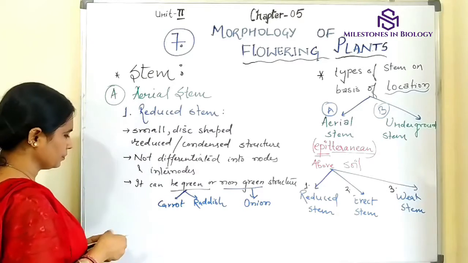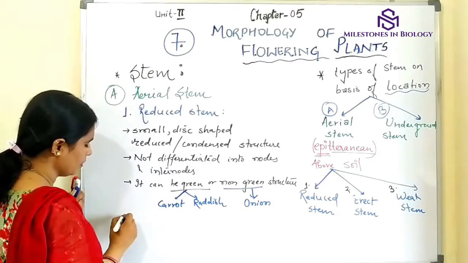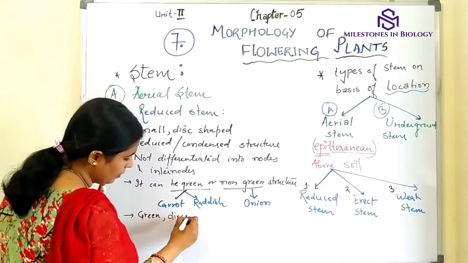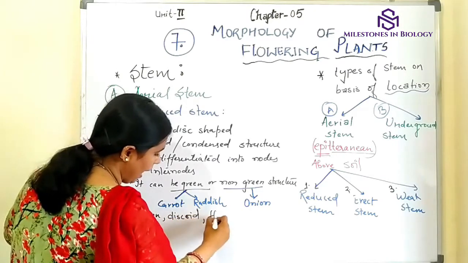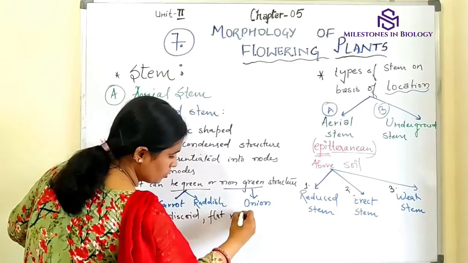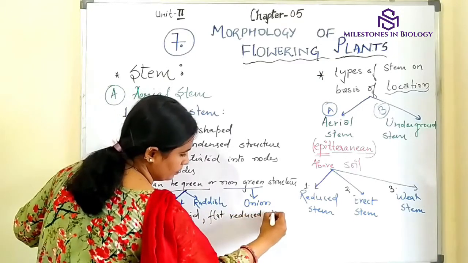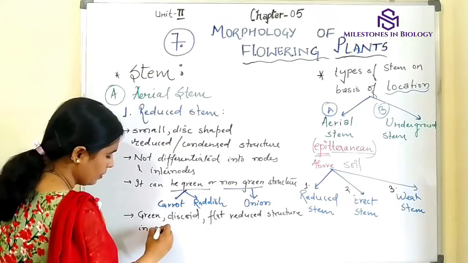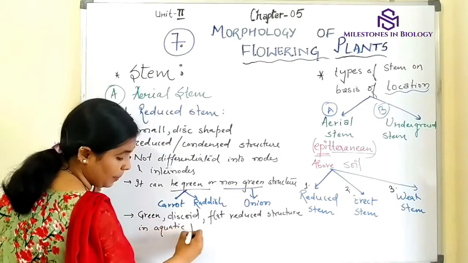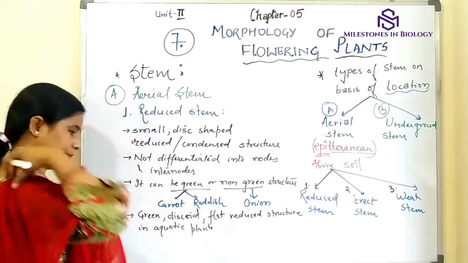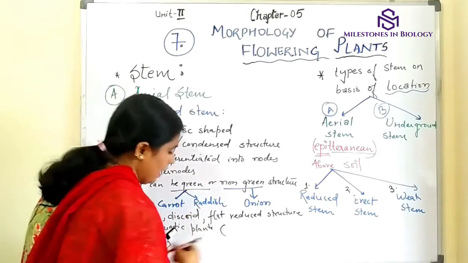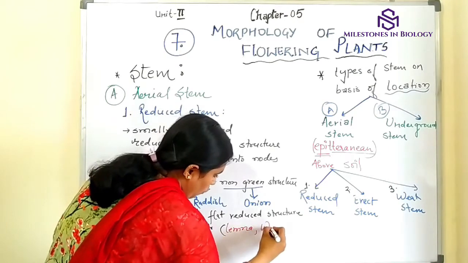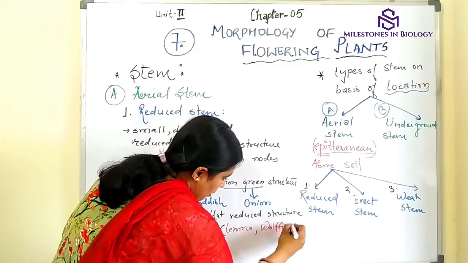Next, there are green, discoid, flat reduced structures in some aquatic plants like Lemna and Wolffia. Fine.